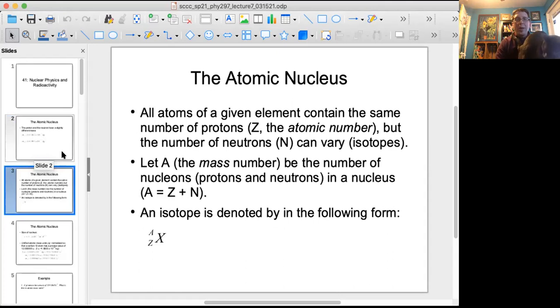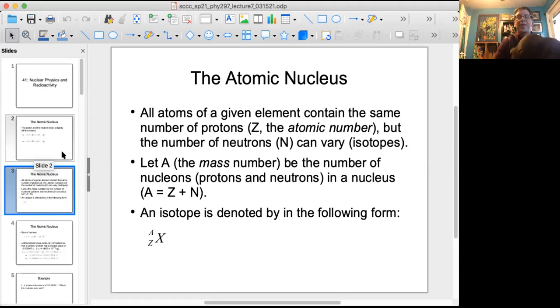So all atoms of a given element contain the same number of protons. So when we talk about an element and its place in the periodic table, we're talking about the number of protons in the element. There can be different numbers of neutrons in the nucleus for a given element.